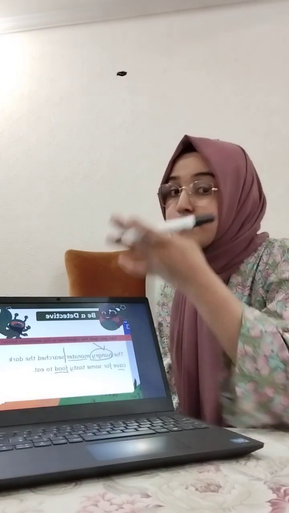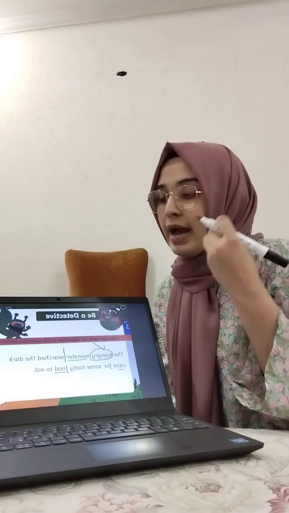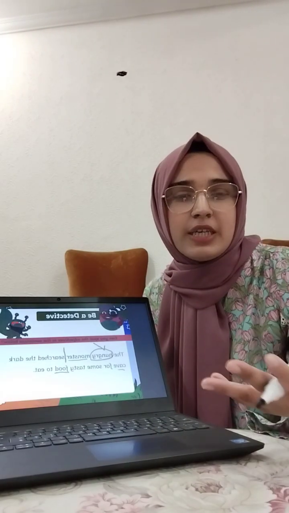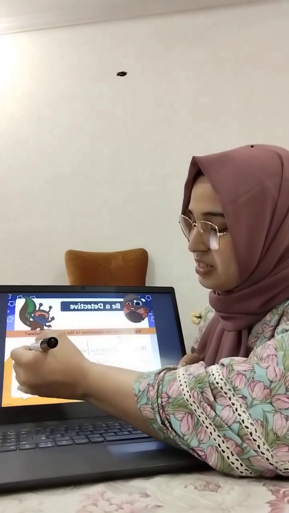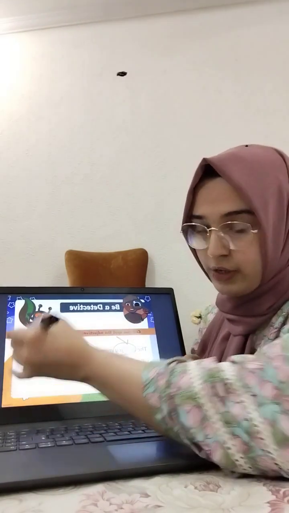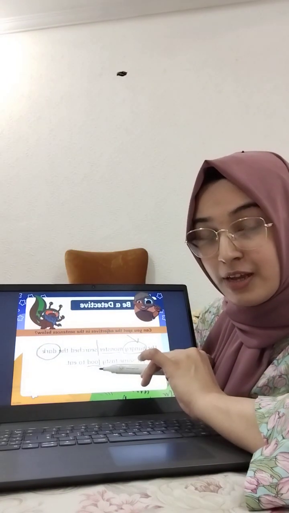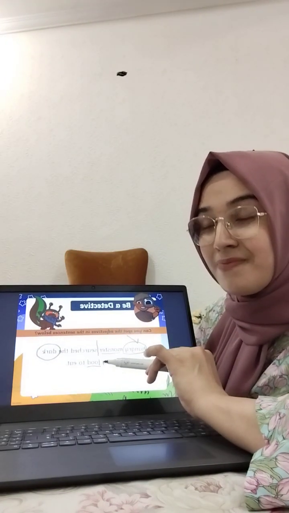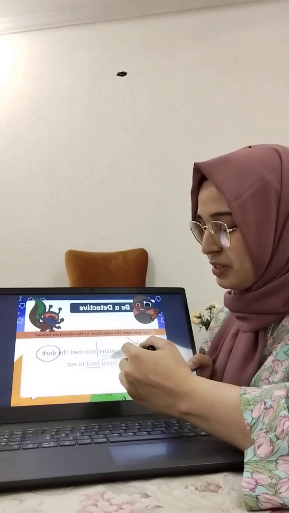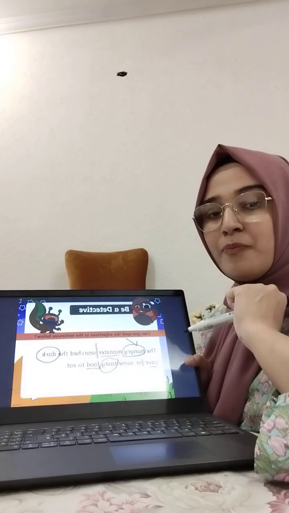We have a cave, and how is the cave being described? Absolutely, it's being described as dark. Then we have some tasty food. How is the food being described? Absolutely, good job. It's being described as tasty.